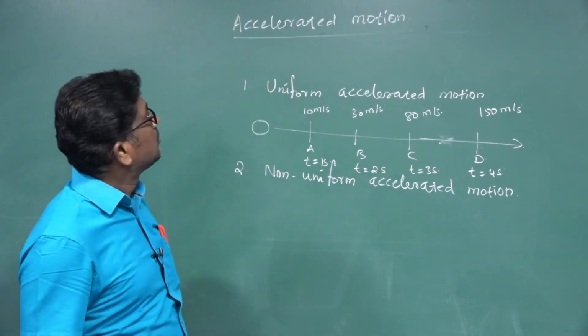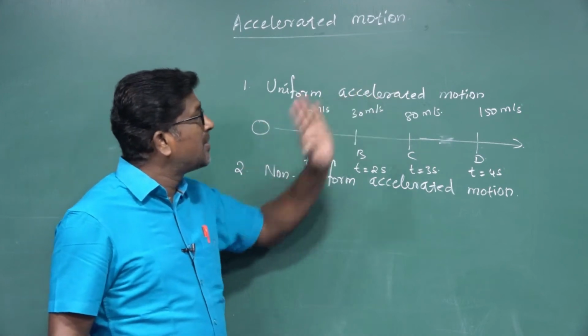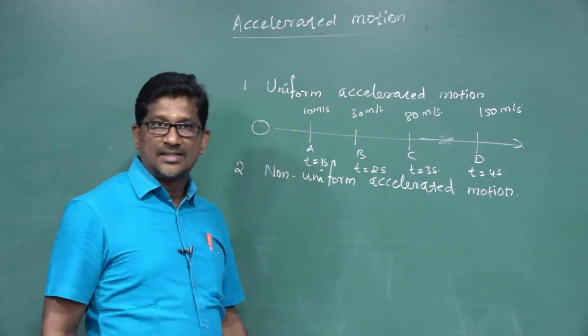So there are two types of accelerated motion, uniform accelerated motion and non-uniform accelerated motion.